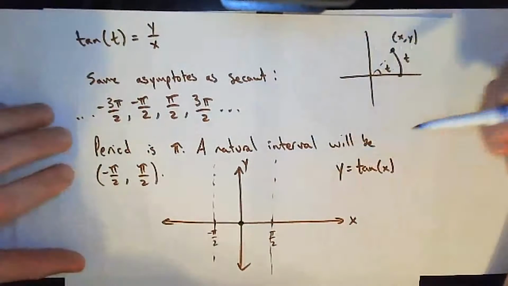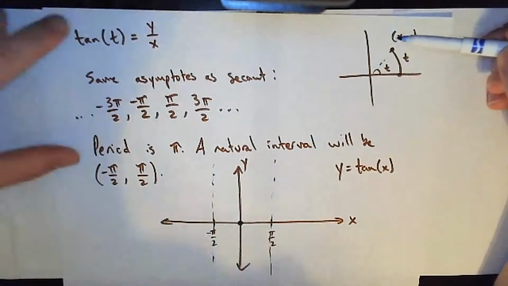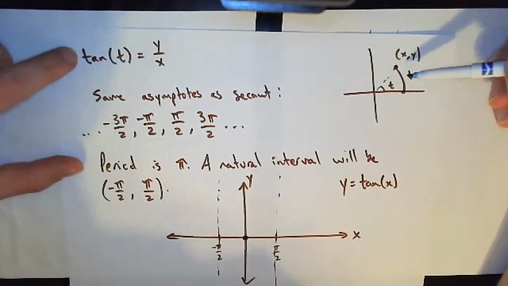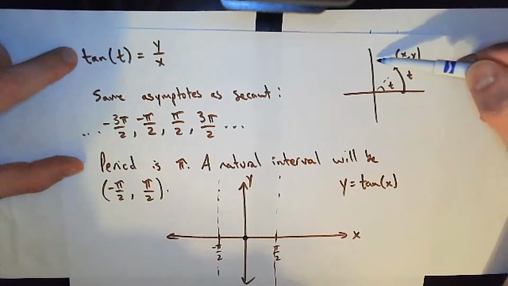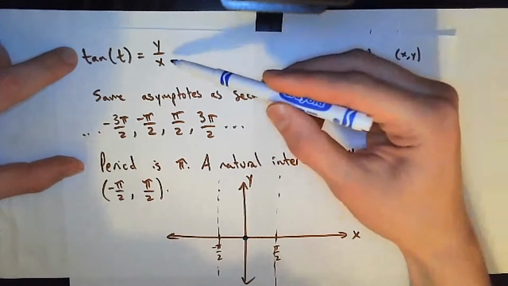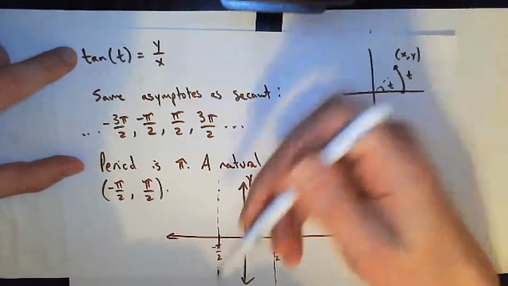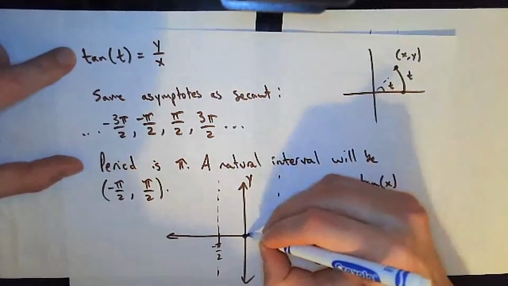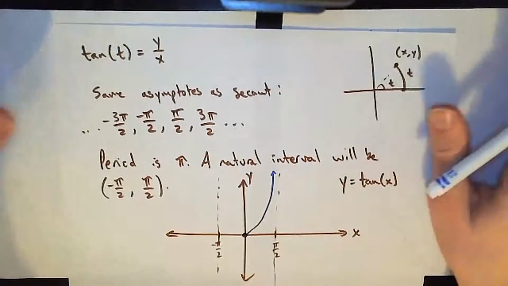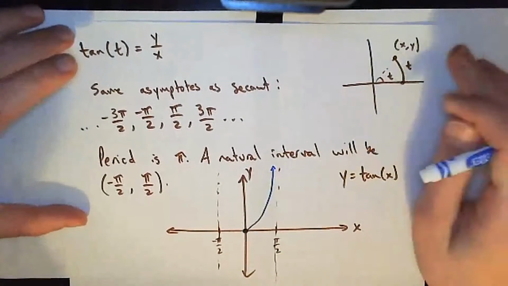What happens as the t value, if I'm thinking in terms of the unit circle with input t, gets very close to pi on 2? Then that denominator x is getting very close to 0, sending this output to infinity. So like that. So far it's sort of like secant and cosecant in that it's exploding off to positive infinity.